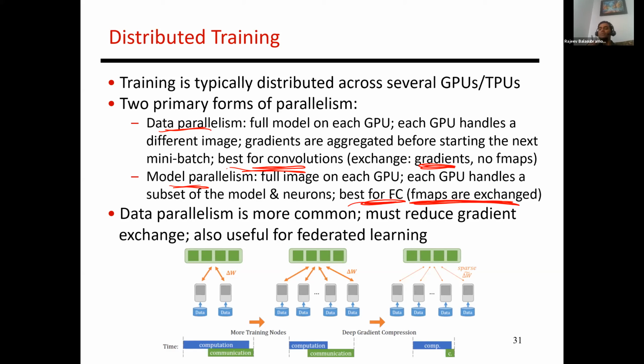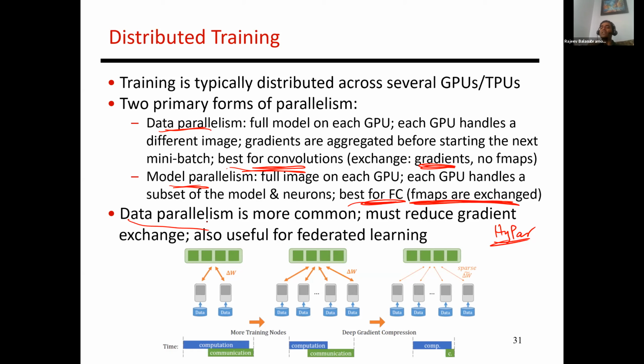And there was a paper a couple of years back called HiPEAC, which was essentially using a hybrid of data parallelism and model parallelism to train one deep network, right? So you can have hybrids of these two approaches as well. Okay, so data parallelism has clearly turned out to be more common. And it's also what is used in what is called federated learning, where you have this distributed network, many phones all doing their own stuff.